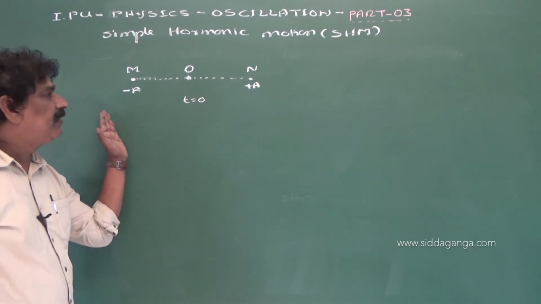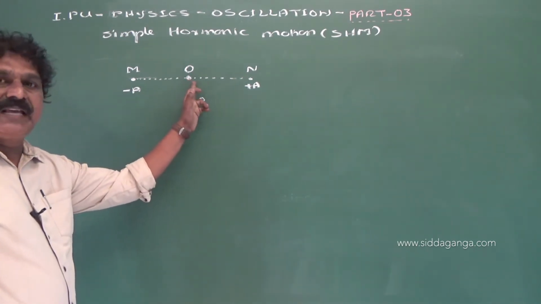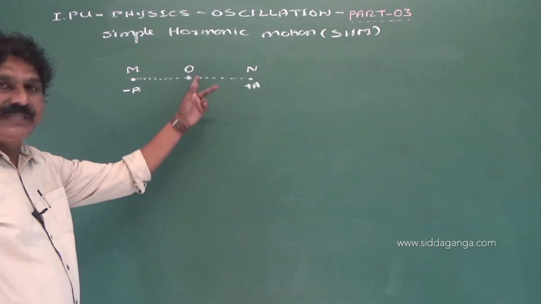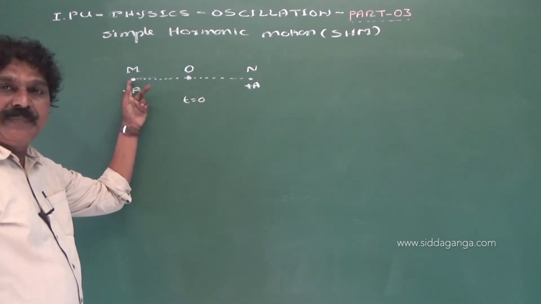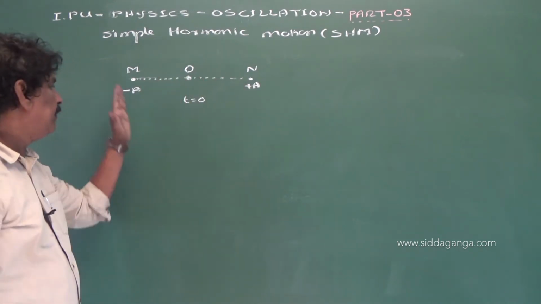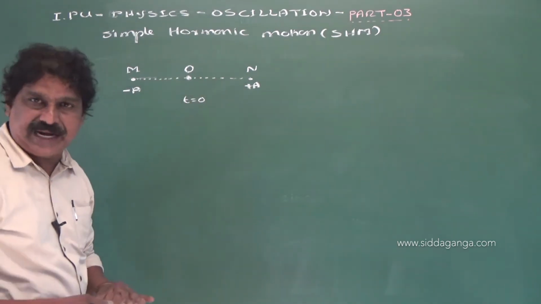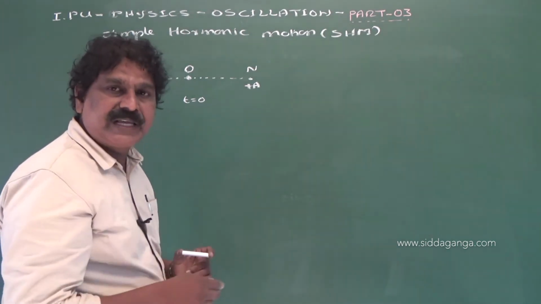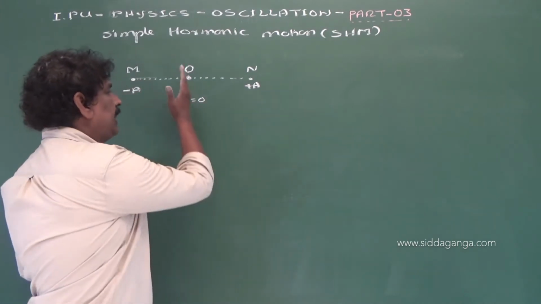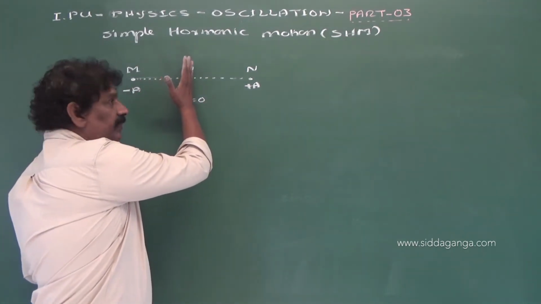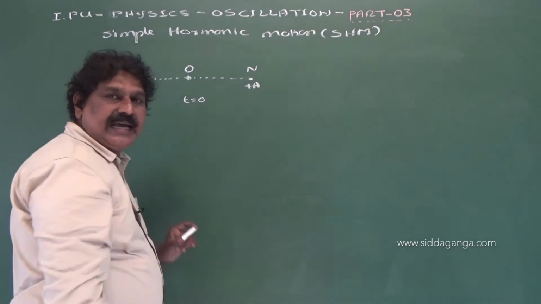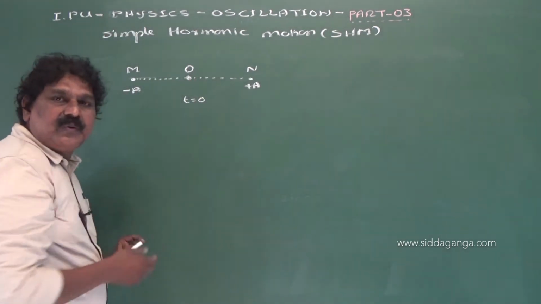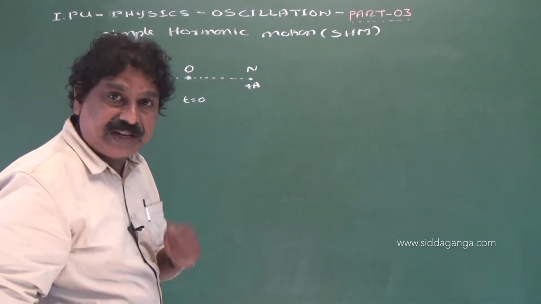Since the displacement towards ON is opposite to OM, one is taken as positive and the other one is taken as negative. Therefore, in a to and fro motion, both displacement and amplitude are positive towards right of the origin, and they are negative towards left of the origin.